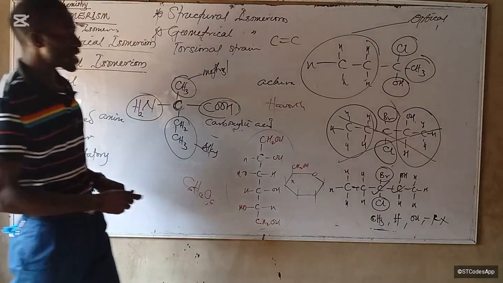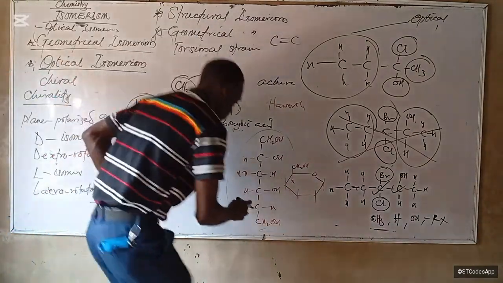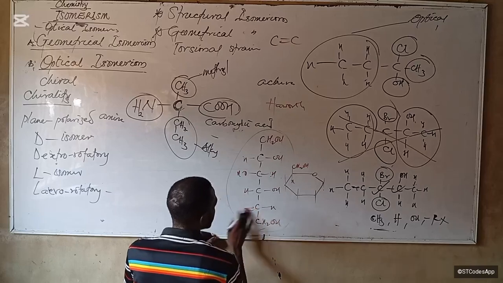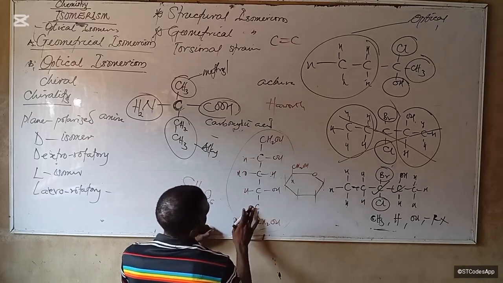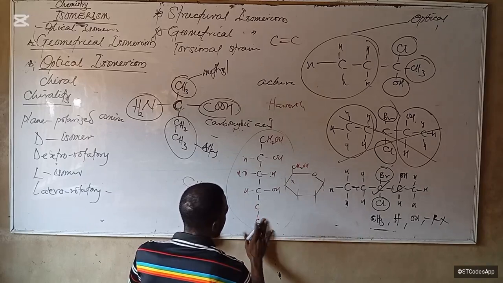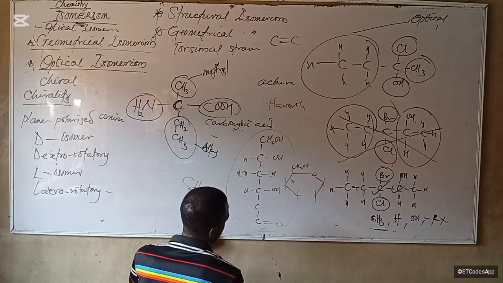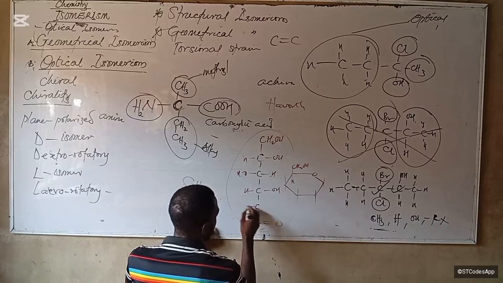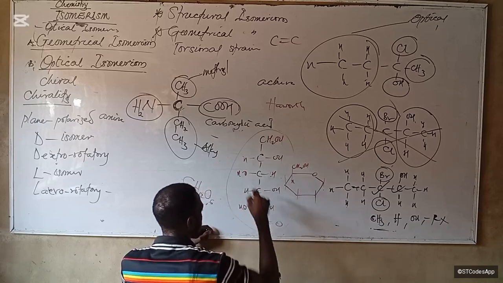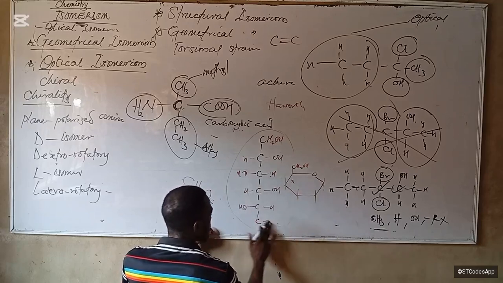How is that? Okay, C double bond. Oh, I'm sorry. So yes, double bond. Is it at the last one here? OH is here for this carbon. So this is it.